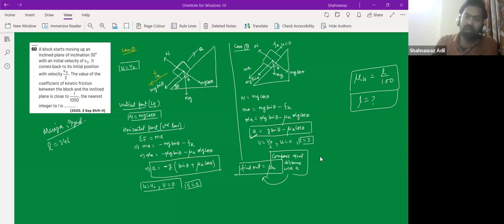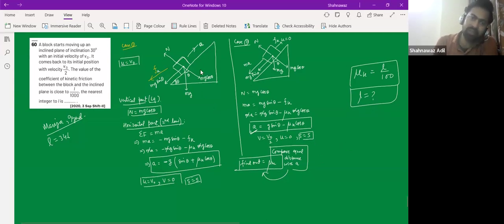Okay, so let us see this question. Now we know both the accelerations, we know v, we know u, and we know a as well. So let us put these values. We know that v square minus u square is 2as.